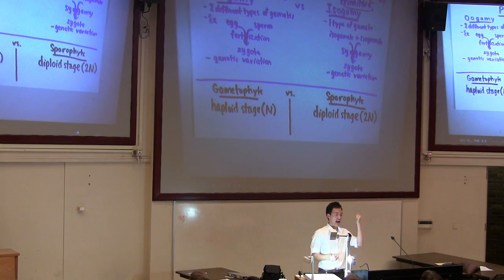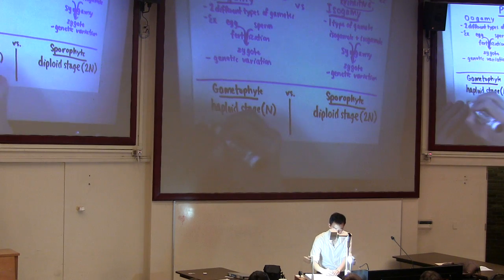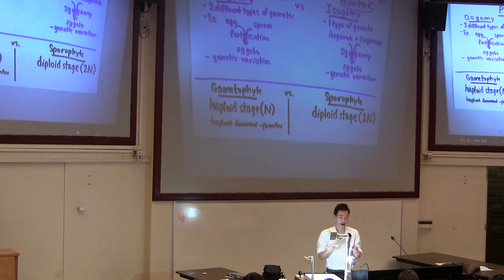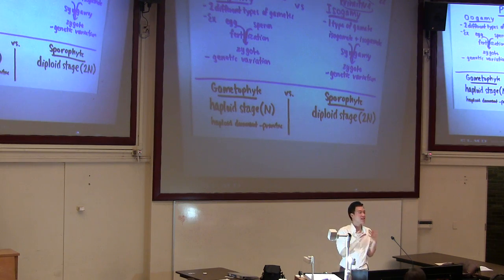And later on, you have haploid dominant versus diploid dominant, right? Haploid dominant is the more primitive. If you think about it, the haploid version, the gametophyte, is smaller, right? So to have your sporophyte be supported by the gametophyte, that can't be good, right?